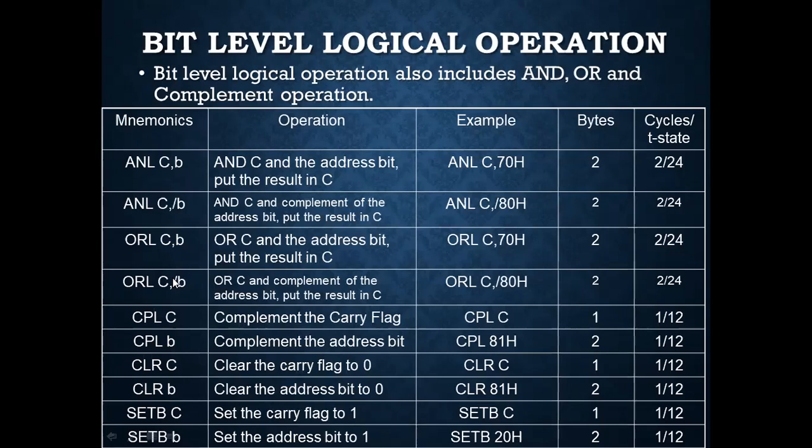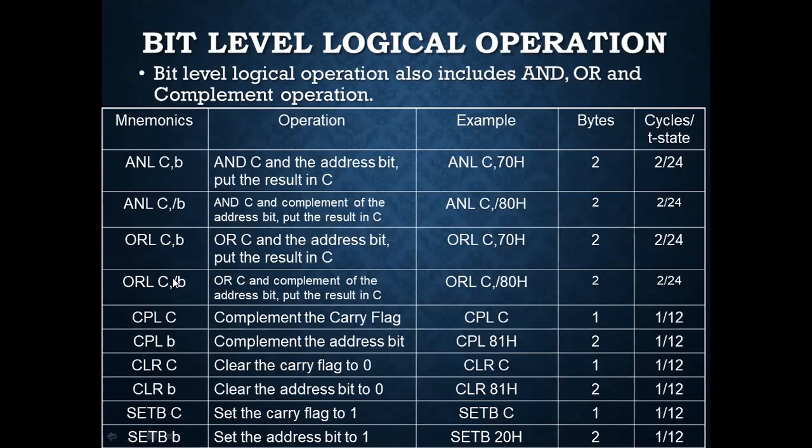Bit level logical operations can only be done with the carry flag. You can see ANL C, B: the content of the carry flag and the particular bit are ANDed, and the result is stored in the carry flag.